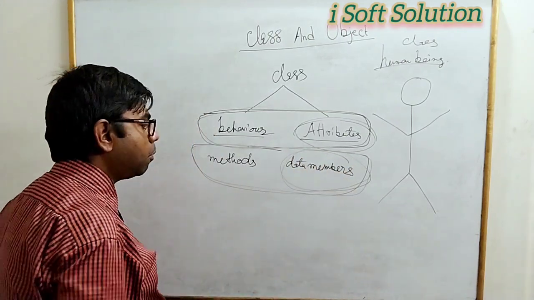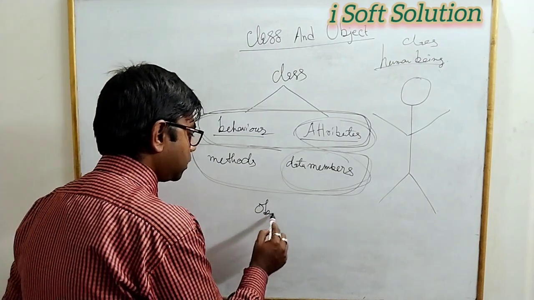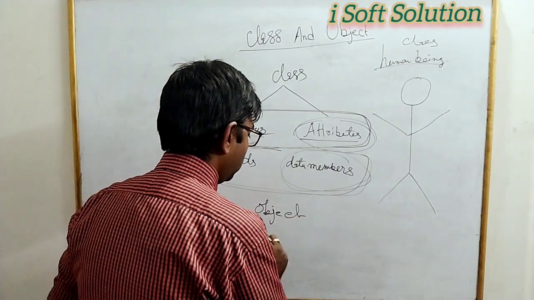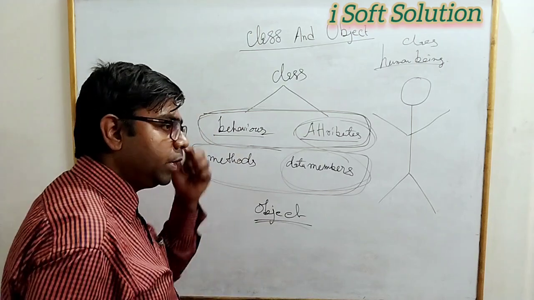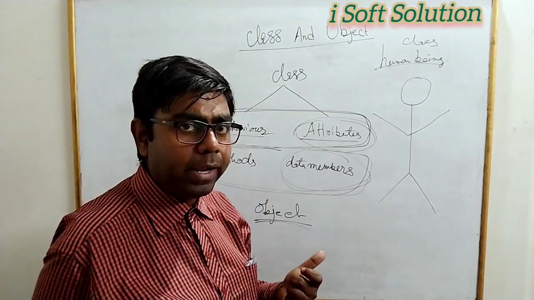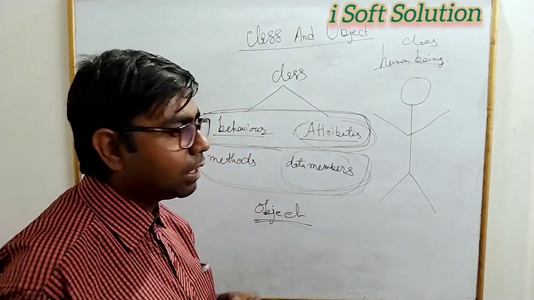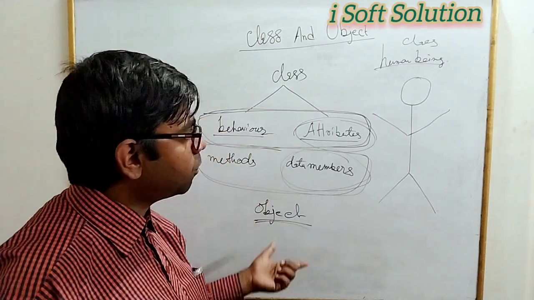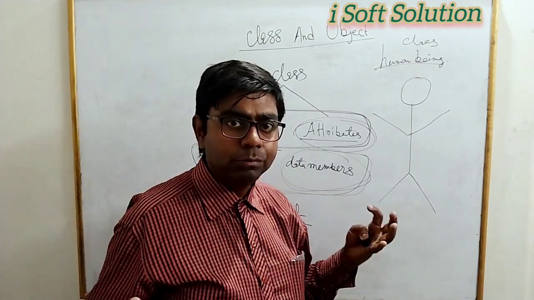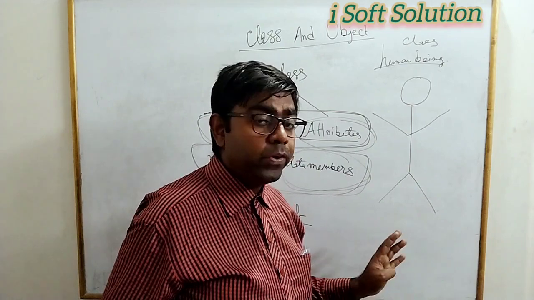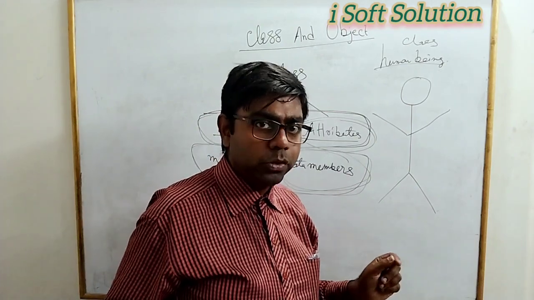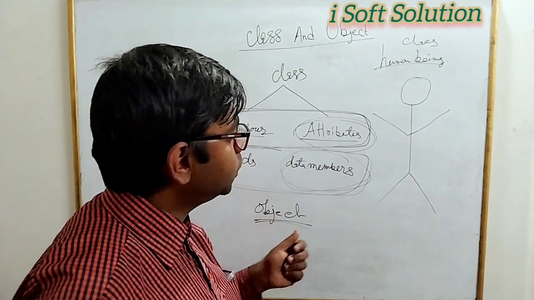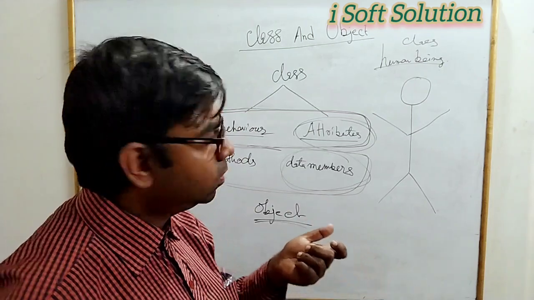And what about the object? The objects are the uniquely identifiable entity of class, or the real representation of class. Suppose we all belong to the human being class, but we all are different, unique by the unique identity.